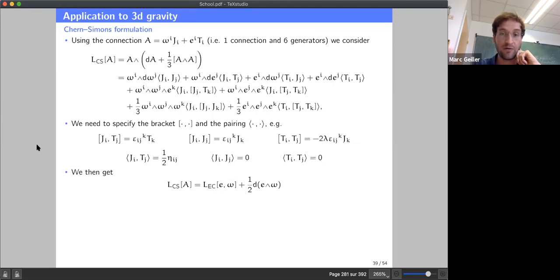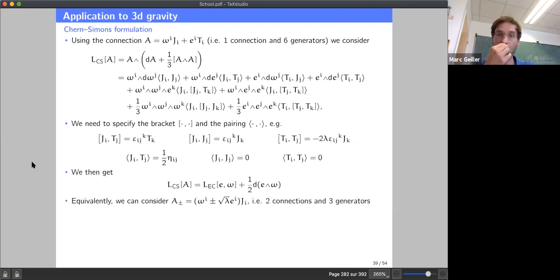So in fact, we have just shown that we can equivalently rewrite the Einstein-Cartan Lagrangian, the first order Lagrangian in terms of a connection and a triad, up to a boundary term, as a Chern-Simons Lagrangian for a gauge connection A. The only information which we have to specify is which generators, J and T, we use to define the connection A, which brackets, and also which pairings we use to pair these generators together.